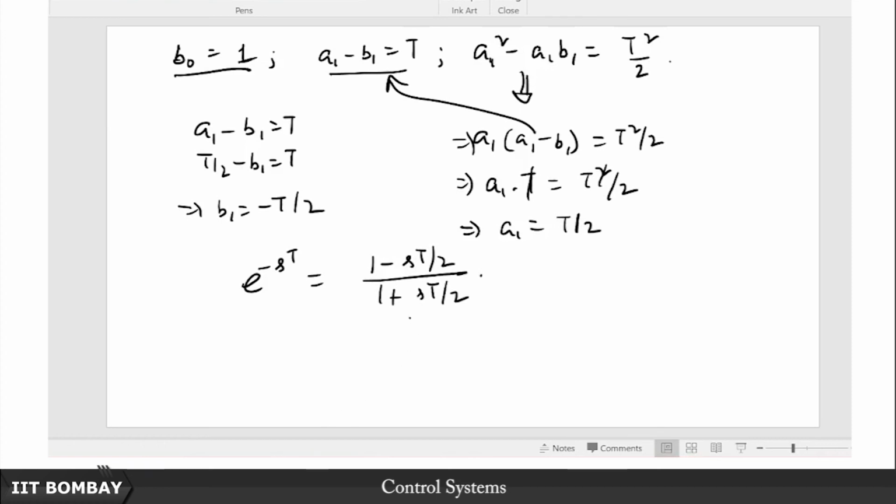Now notice that this immediately introduces a right half plane 0. Yeah. So even an approximation of this time delay term, and even if you take higher order Pade approximations, you will still see this is a recurrent feature, right.